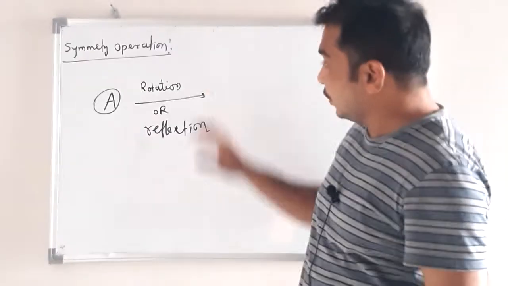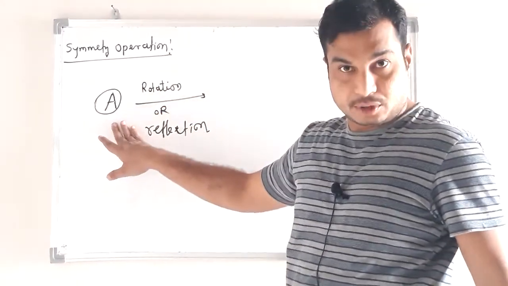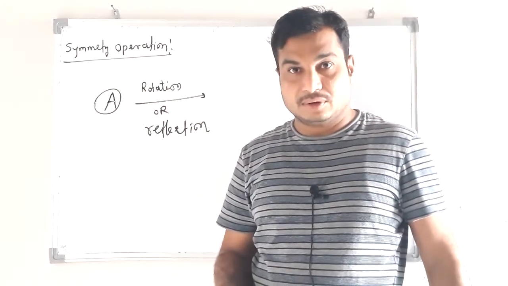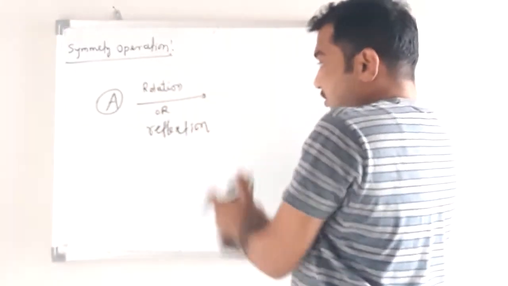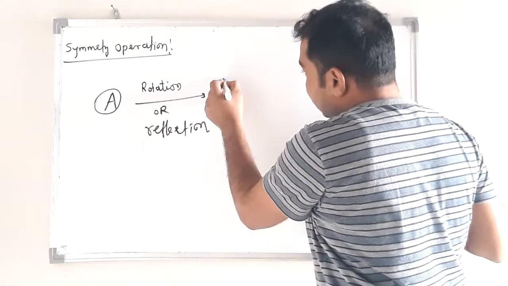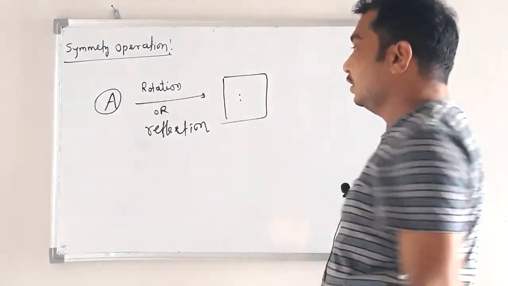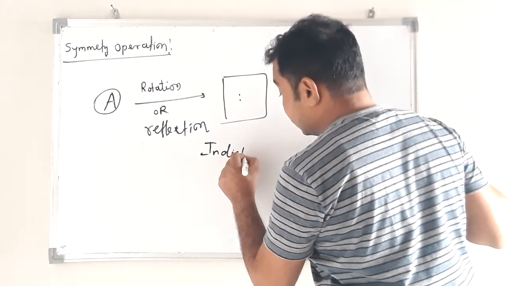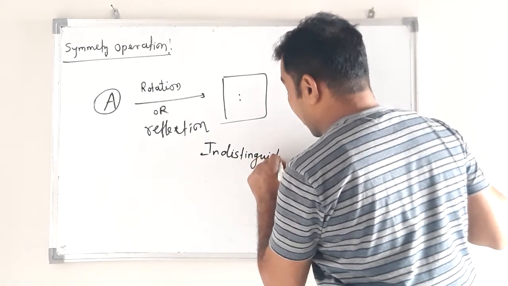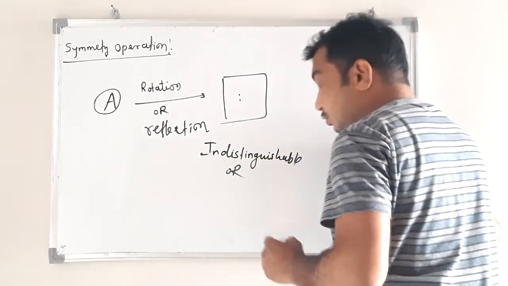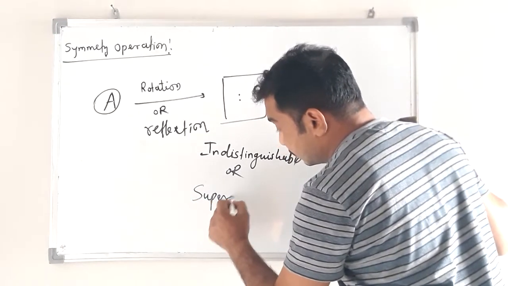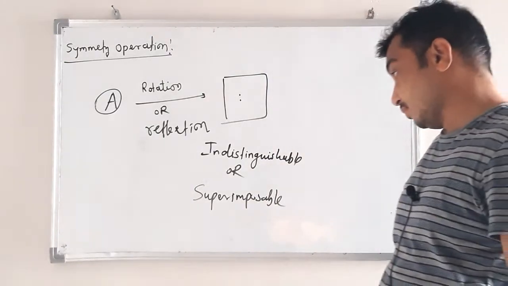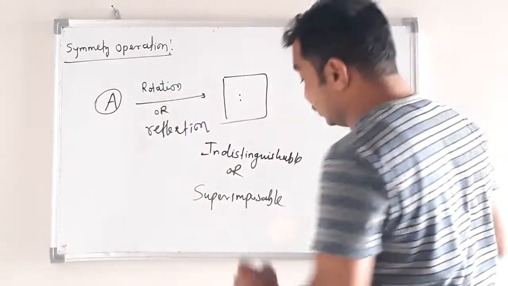Means what we have to do? We have to perform rotation with this molecule, or we have to reflect. Reflect means rotation and then reflection. Then after doing this rotation or reflection, whatever we are getting is indistinguishable or superimposable with the original.